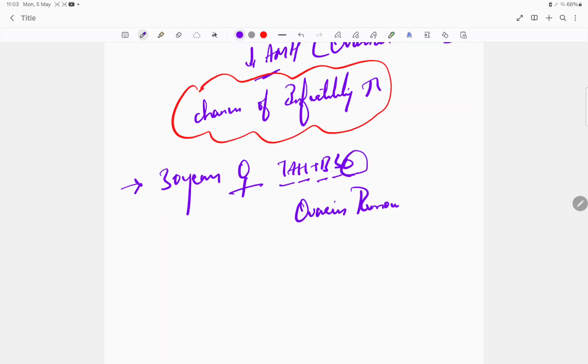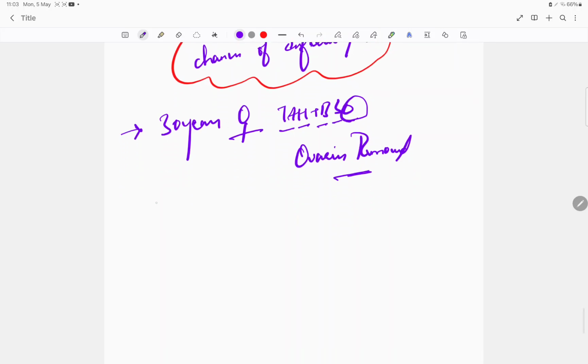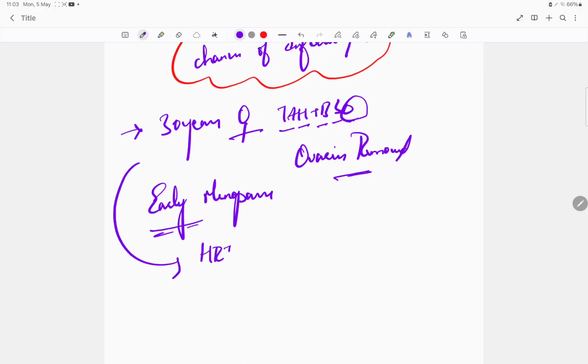So what happens? She will have very early menopause symptoms. For this, you have to advise the patient hormone replacement therapy to prevent what? Especially vasomotor symptoms as well as loss of bone mineral density.